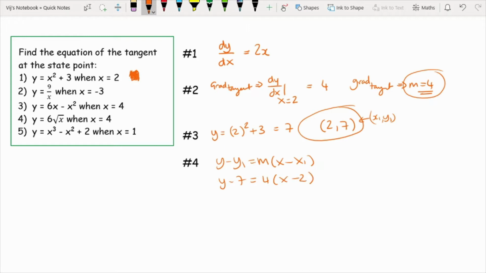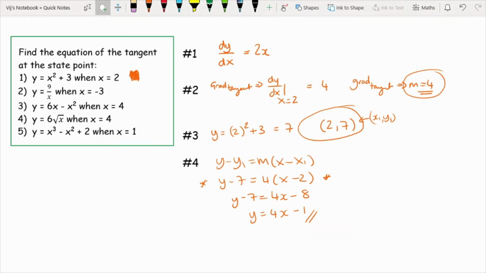Because there's no indication of how they want the answer written, I could leave my answer in this form. If you look in any mark schemes, they may say writing in this format is okay, and the additional notes to the mark scheme will probably give you several variations. I'm just going to make this look a little bit neater. So I've got y equals 4x, and then I add 7, which makes it minus 1, and there is the equation of the tangent.